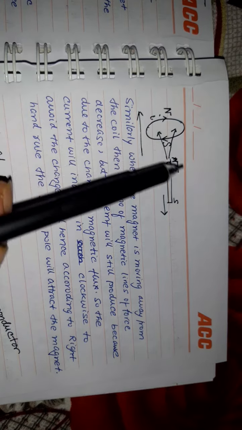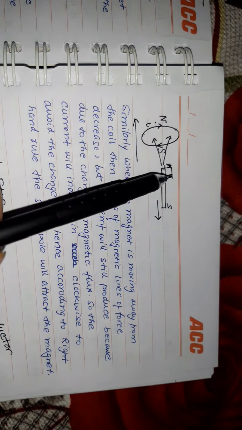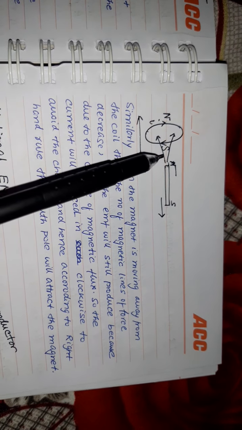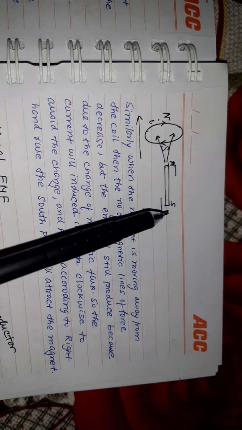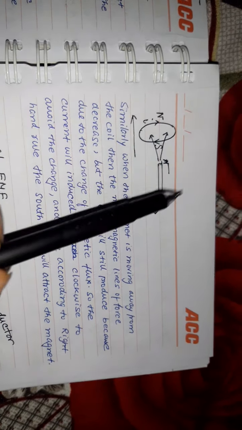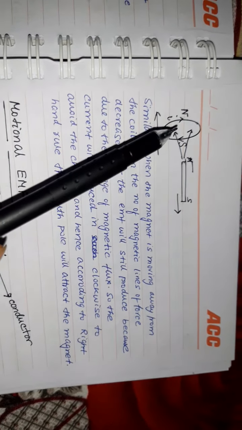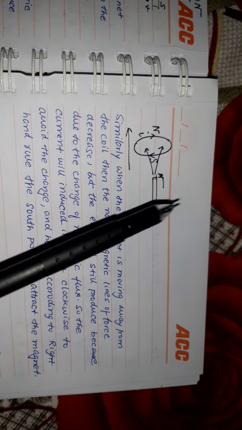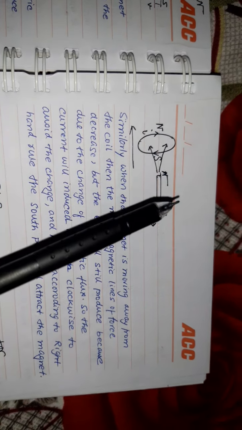So this south will attract the north, and if it attracts the north, then the magnet will not be able to get away from the loop. So this will also try to oppose the magnet in this way. So in any case, it will try to oppose the magnet, because it opposes the change.